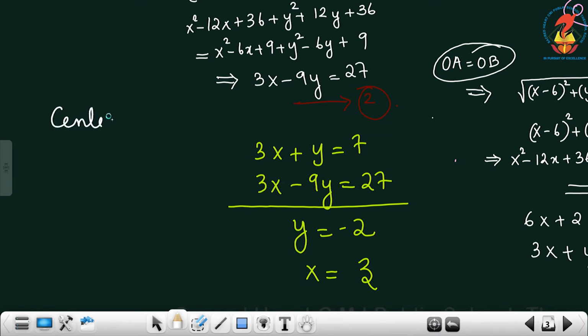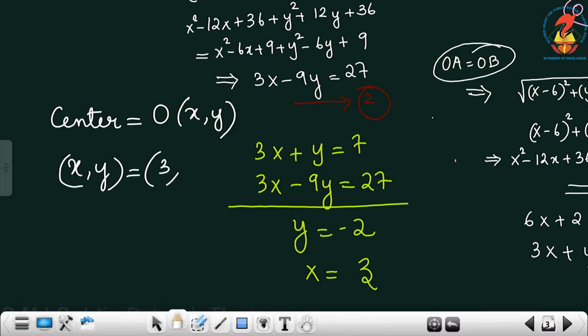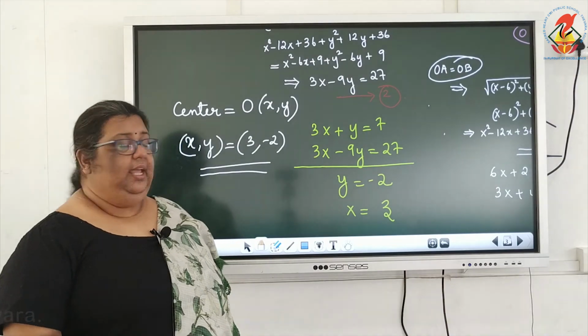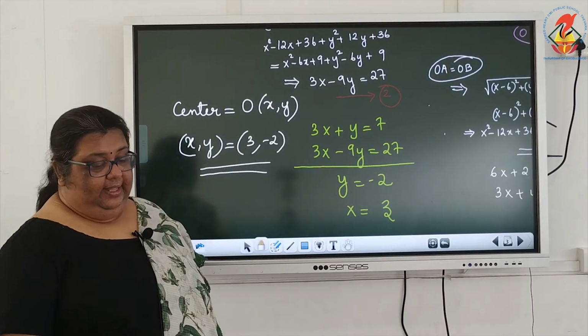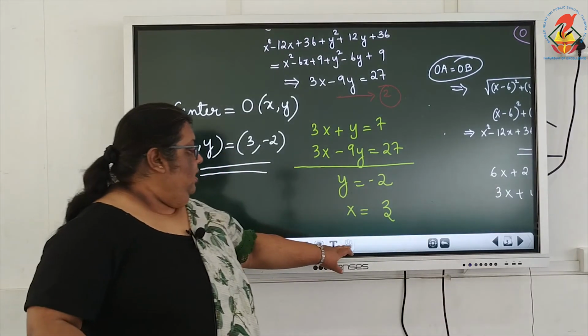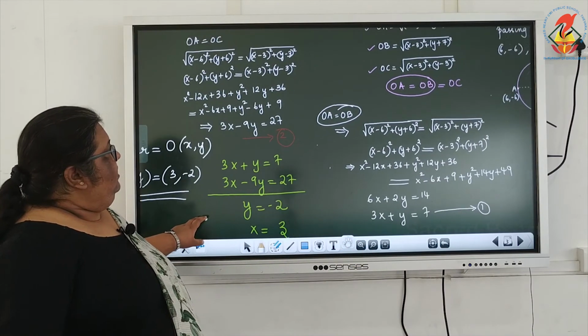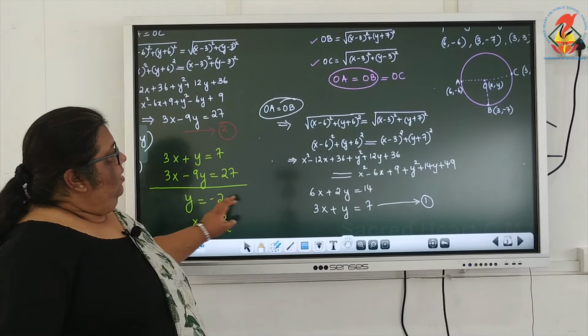Center of the circle O ordered pair (x, y). So, what will be the ordered pair now? What was x? 3. What was y? Negative 2. So, the center of the circle which passes through the points A, B and C is the ordered pair (3, negative 2). I know it is a bit lengthy problem, but it's an easy problem also, isn't it?